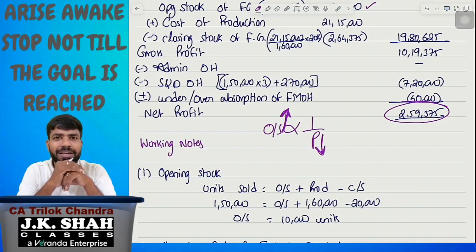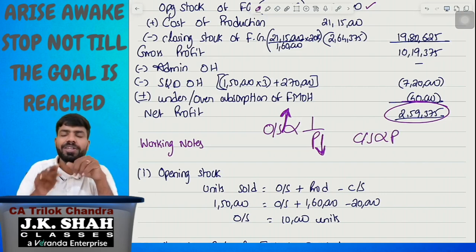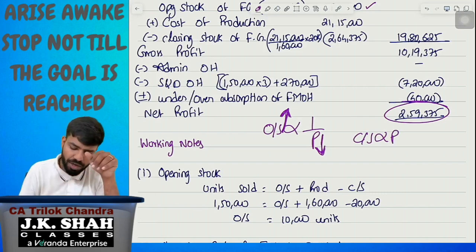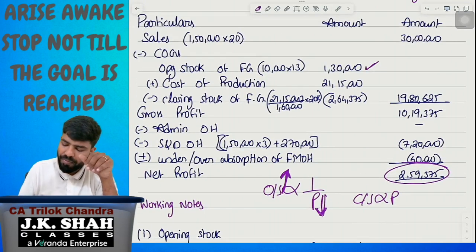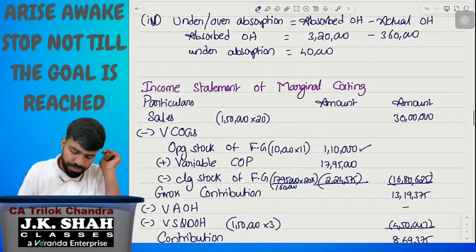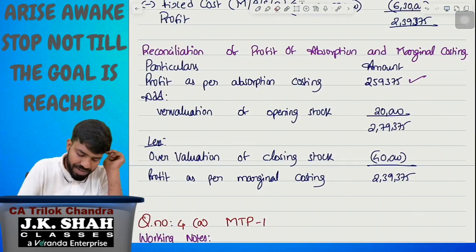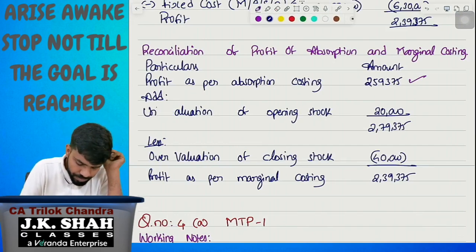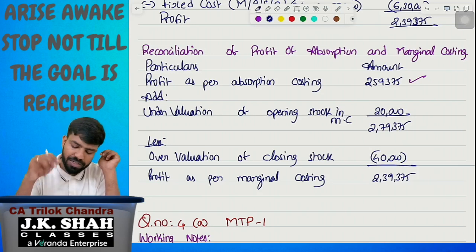Are you understanding? I already told you closing stock is directly proportional to profit, whereas opening stock is inversely proportional to profit. If opening stock is showing more, profit will be less. Now what we need to do? By accounting 1,30,000, profit would have been decreased. Now we need to add back how much? 20,000 rupees. Look at here. Profit as per absorption costing system, undervaluation of opening stock in marginal costing has to be added.